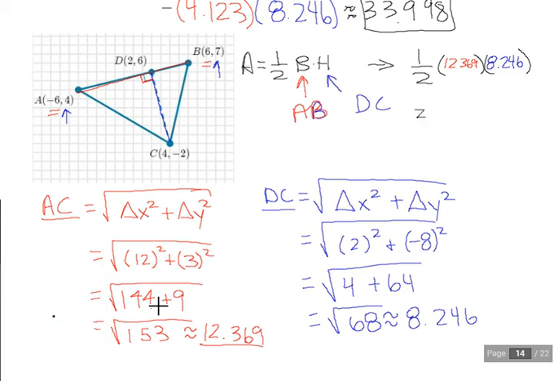This stupid board and this crazy program. Stop writing non-equals. All right, here we go. So we take 12.369 times 8.246, then multiply by 1/2, and our area is approximately 50.997.